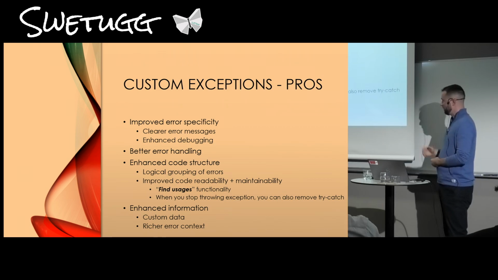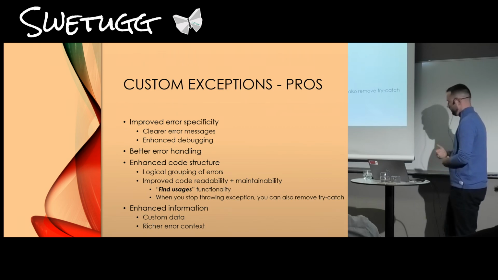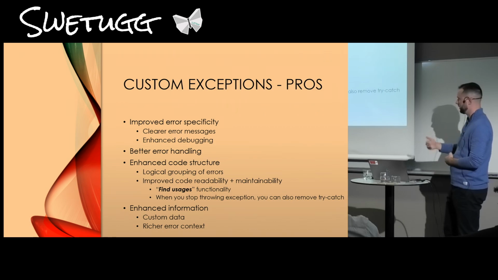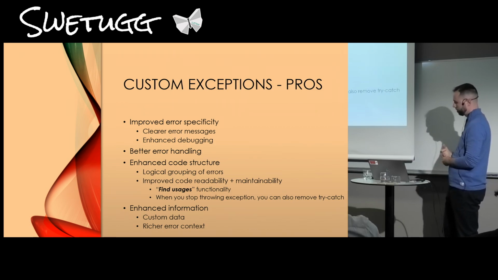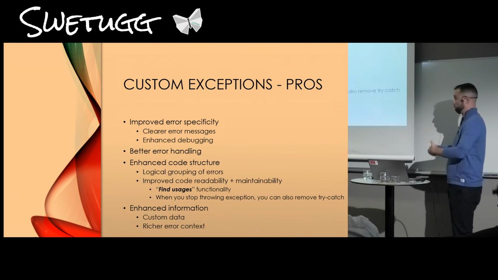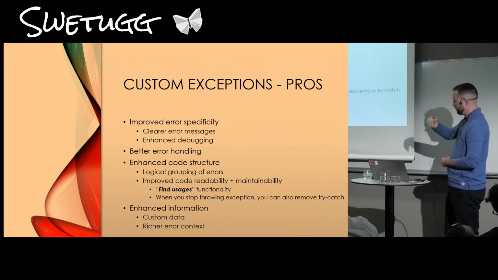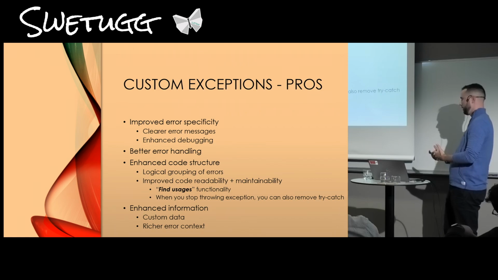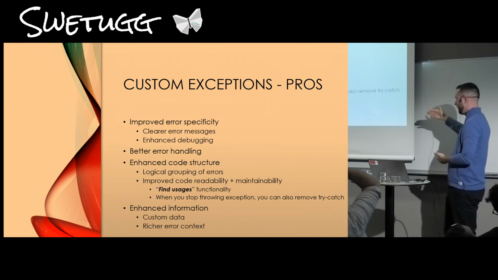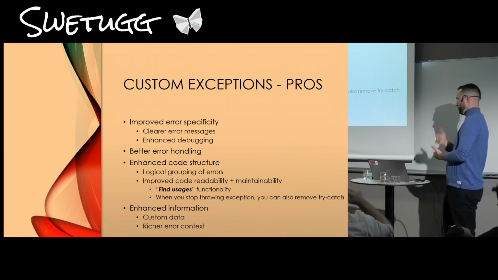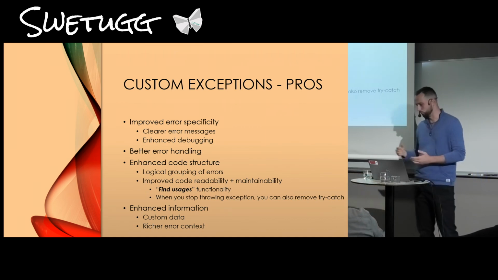And also when you stop throwing the exception, you will see that it's not thrown at any other place, and you can remove the try catch from the place where it exists. Because if you would use the generic exception class, and you would stop throwing the exception because the error cannot occur anymore, you are not sure whether you can also remove the try catch, because if you are catching the base class, you don't know whether there might be some other exception and so on.